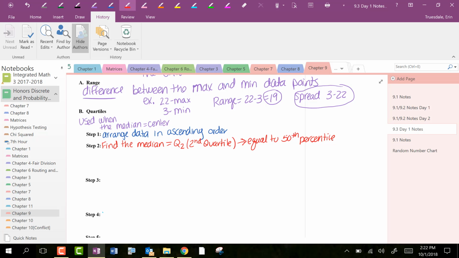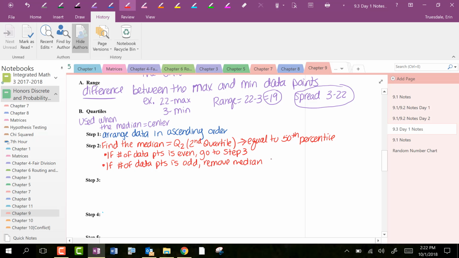If you're in the 50th percentile, it means if you scored, or you're taller, or whatever we're talking about, then 50% of the people are below you. There are 2 situations that can happen. If the number of data points is even, we just go to step 3. If the number of data points is odd, then we remove the median and go to step 3.